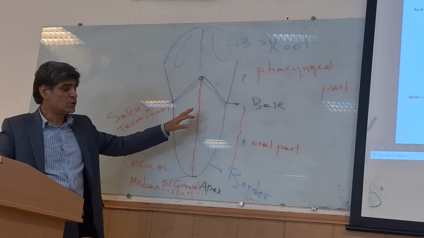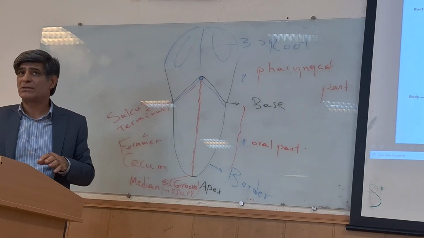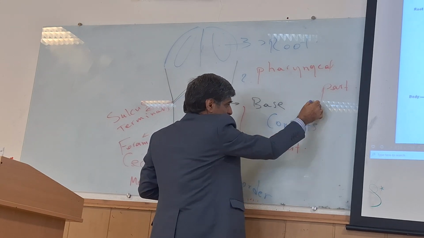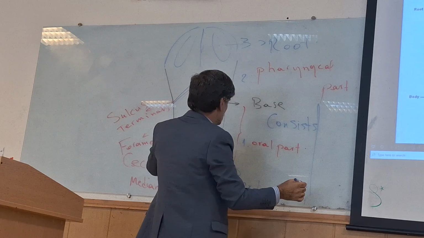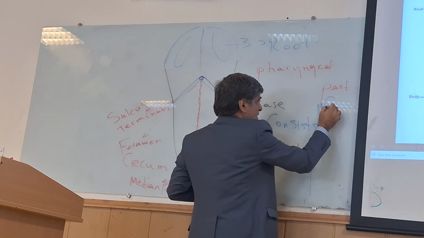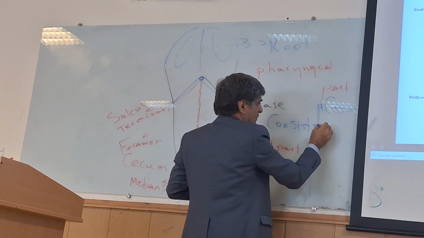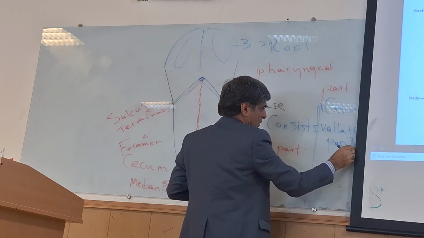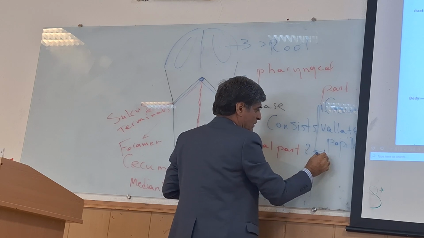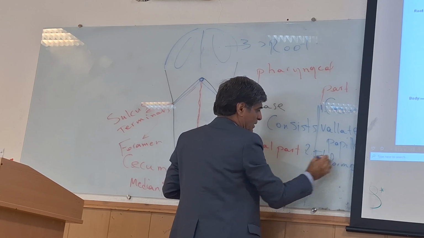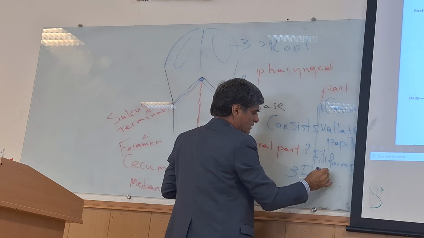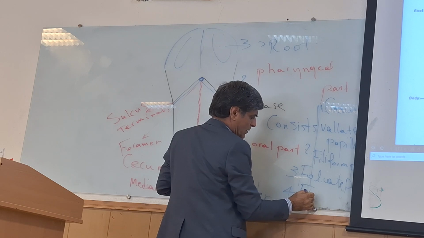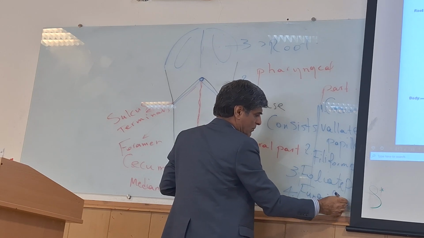Our dorsum consists of papillae. Papillae of the dorsum: 1, circumvallate or vallate papilla. 2, filiform papilla. 3, foliate papilla. 4, fungiform papilla.